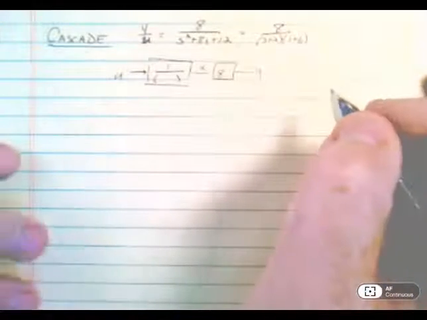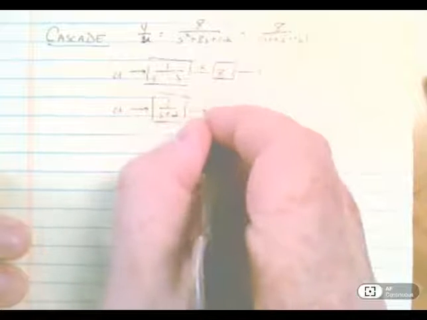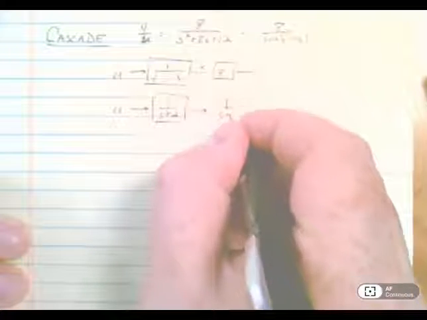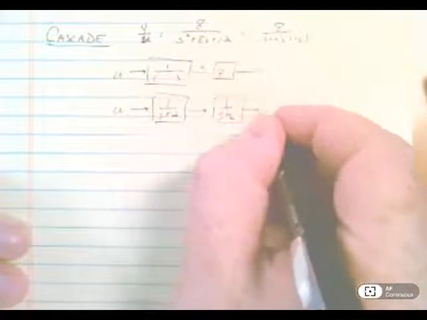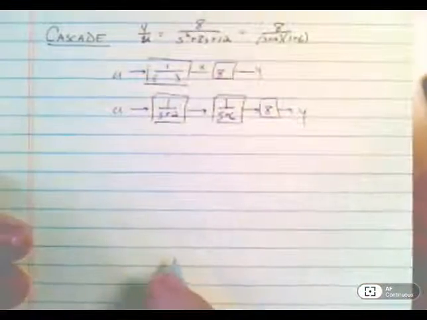That gave me from U to X and X to Y. And now I'm going to break this up into two separate contributions. It'll be two first order that are multiplied by each other. So in this particular case, I wind up with a 1 over s plus 2 going into a 1 over s plus 6 going into an 8, and after all is said and done, I wind up with my Y.